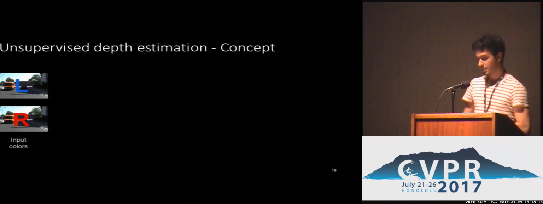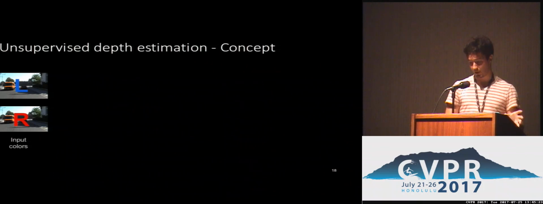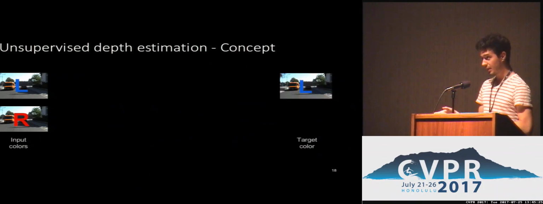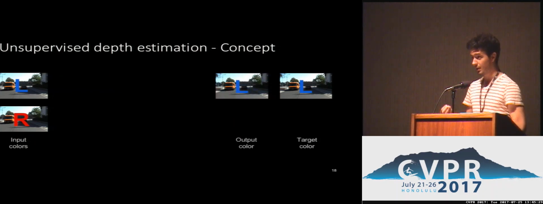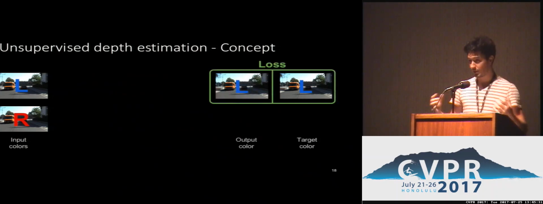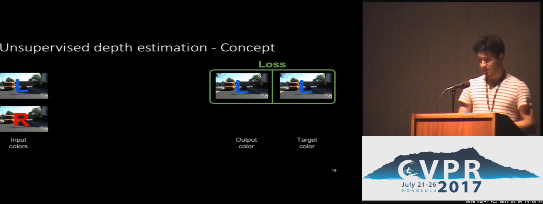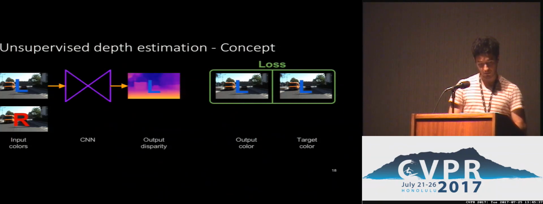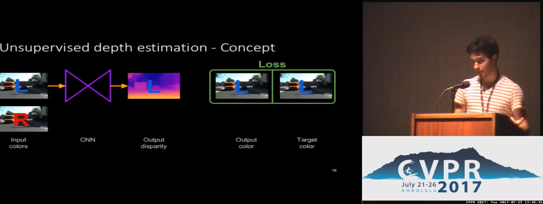In unsupervised depth estimation, or self-supervised depth estimation, we have stereo pairs at training. Our target is one of these two images, which means that our model needs to output an image. We then have a reconstruction loss between this output image and our target image. We still want depth, however, so we need our network to output a disparity. So how do we go from disparity to depth?